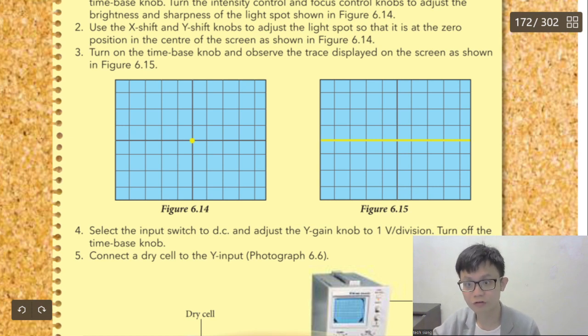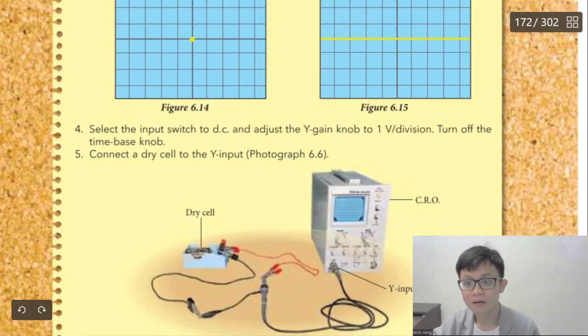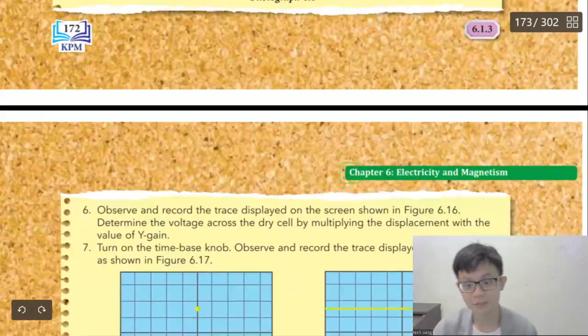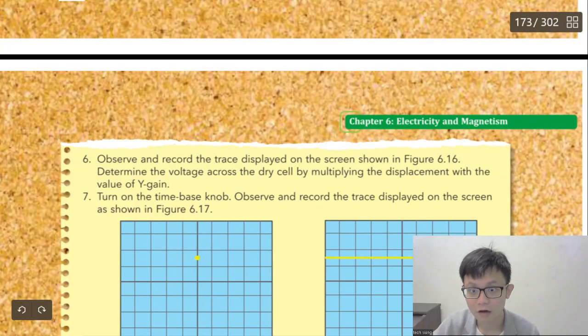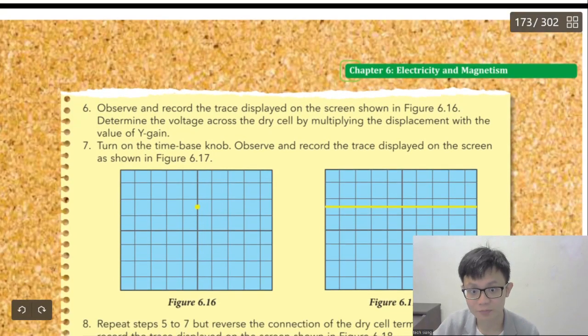Select the input DC and adjust the Y gain to 1 volt. Observe the value tracked on the screen in 6.16. Determine the voltage. Turn on the time base knob and observe it.